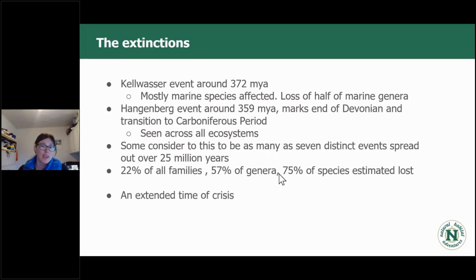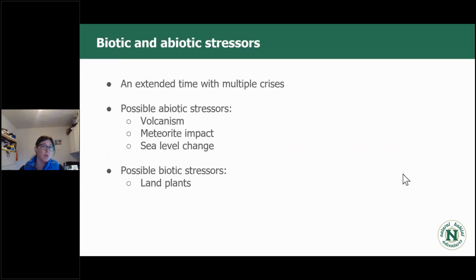But what I think we can really take home from this is that it was an extended time of crisis. So we are looking at, as we'll pull up in a second, not just one stress, but multiple stresses from multiple sources. There are some things that we know were stressors and some things that we think were stressors.